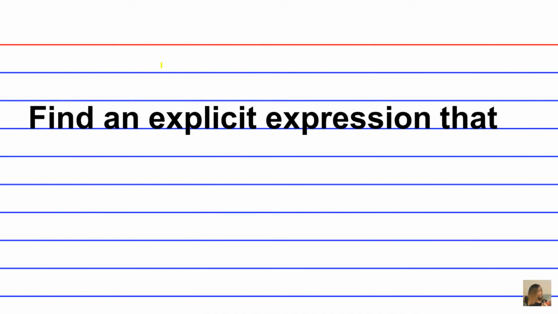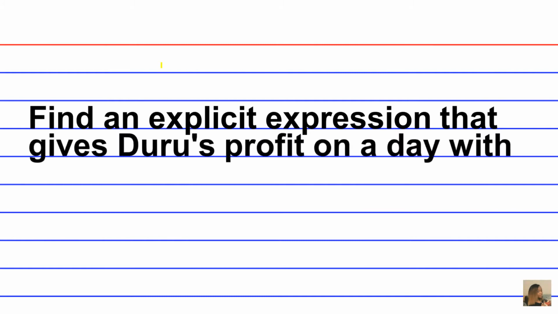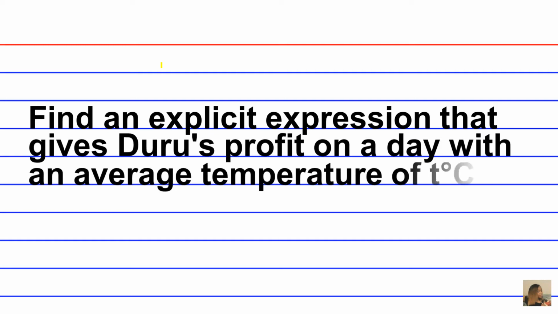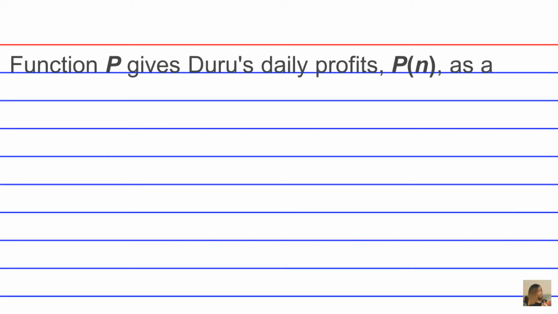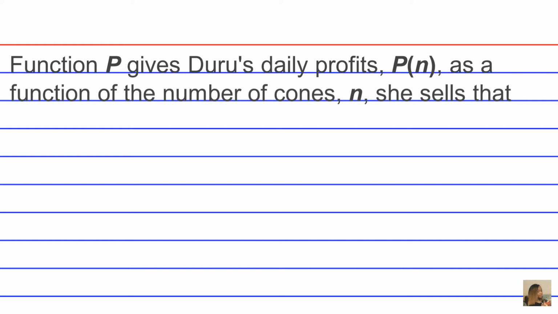What we're going to do is find an explicit expression that gives Duru's profit on a day with an average temperature of T degrees Celsius. Function P gives Duru's daily profits, P(N), as a function of the number of cones N she sells that day.